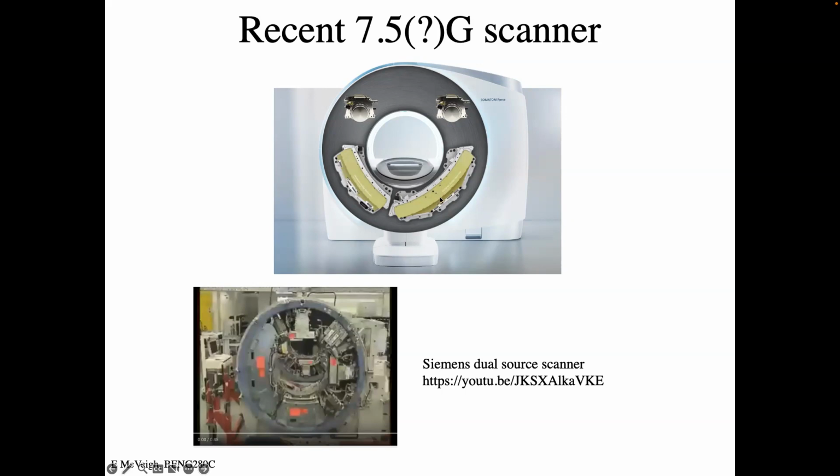So this is really terrific, right? You get a lot more angular coverage, and it cuts down your scan time by close to a factor of 2. So now, in order to take an image of a heart, you basically only need 66 milliseconds, right?